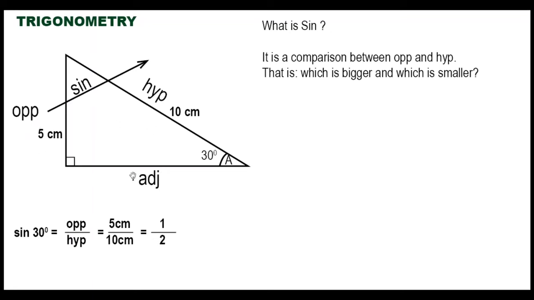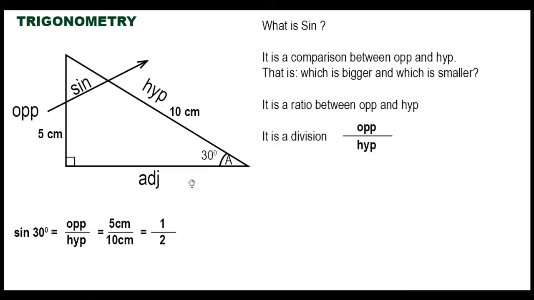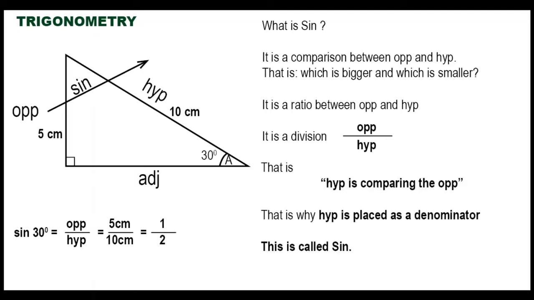Also in this, I get an actual and accurate value after dividing it. So it is also a ratio between opposite and hypotenuse, also a division. So the meaning I would say here is, hypotenuse is comparing the opposite. So the one which compares the opposite will be put as a denominator.